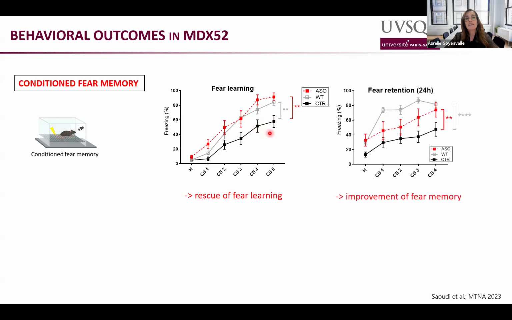And you can then assess the memory and the retention for this test. 24 hours later, the treated mice were actually at the same level here, showing that they can remember that the sound is associated to a shock. But you can see that the phenotype is not fully restored because they do not recapitulate the full phenotype of the wild type mice.